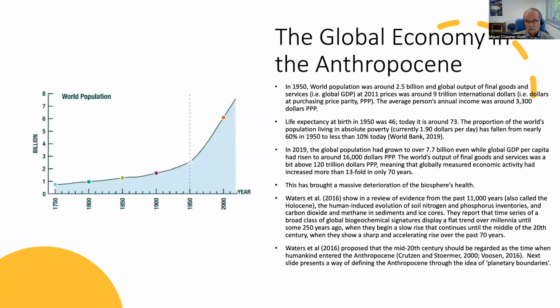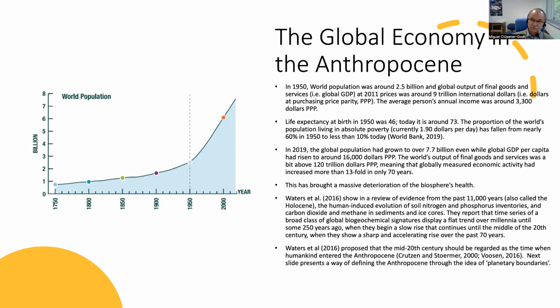So now we come to something else. The global economy in what we call the Anthropocene. You see here on the left side, the world population between 1750 and, where we are right now, 2020.